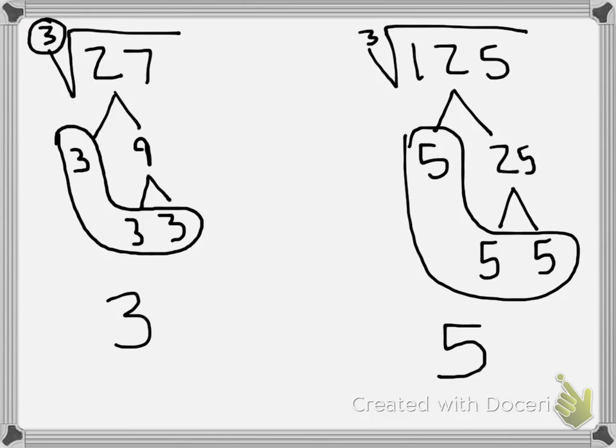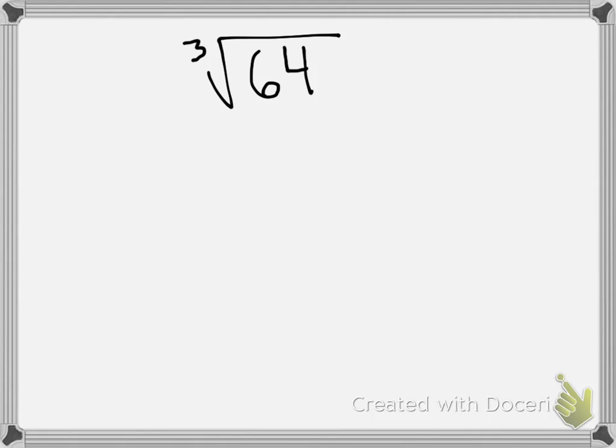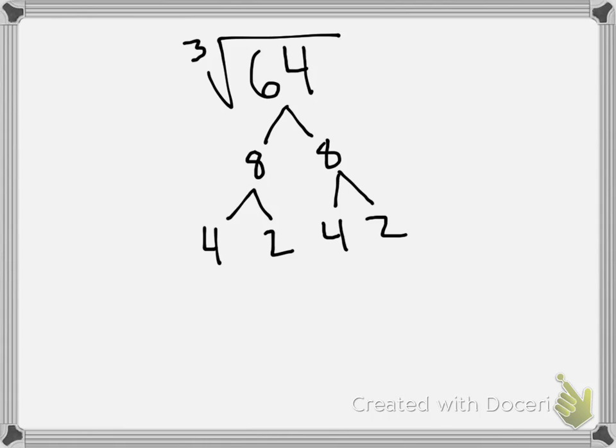Let's do one more example, a little more difficult. Let's take the cube root of 64. Most of us know that 8 times 8 is 64. I can split each 8 into a 4 times 2, and split each 4 into a 2 times 2.